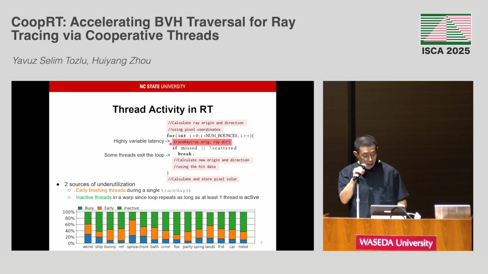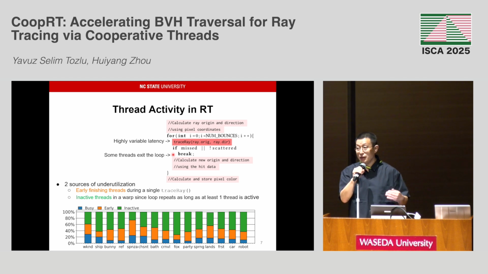Another major source of this divergence comes from this if statement. This if statement says, if the ray completely misses the scene, it does not need to participate in the subsequent bounces. So that makes sense, right? As a result, it will just break out of this loop.